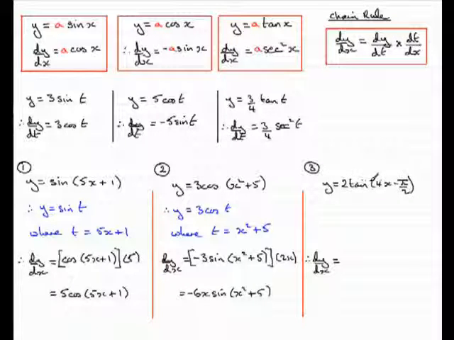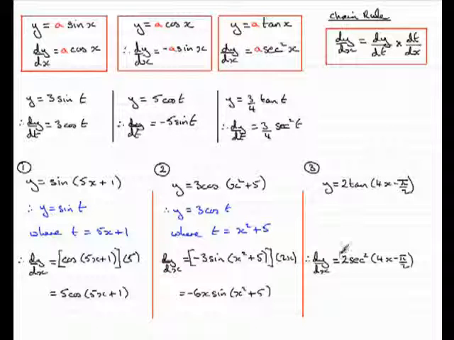So y equals 2 tan t, dy by dt must be 2 sec squared t by this particular rule. So we have 2 sec squared t. I don't write the t down. I think of it as 4x minus pi upon 2. So put the 4x minus pi upon 2 there.